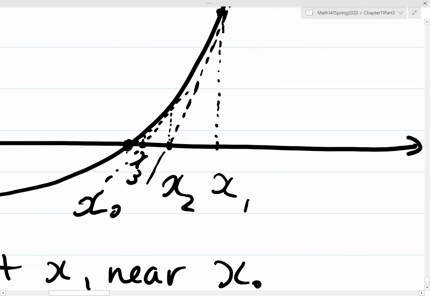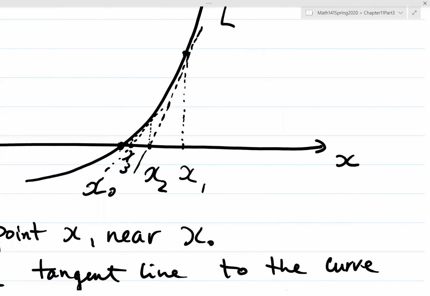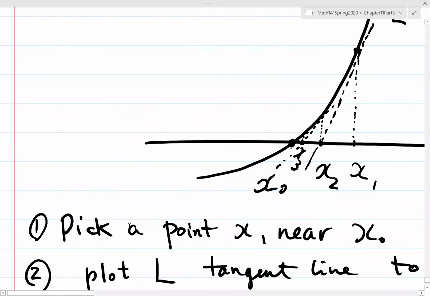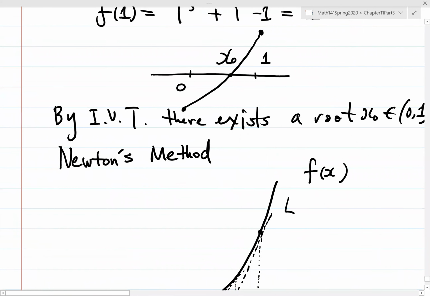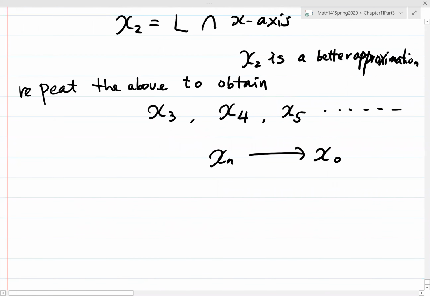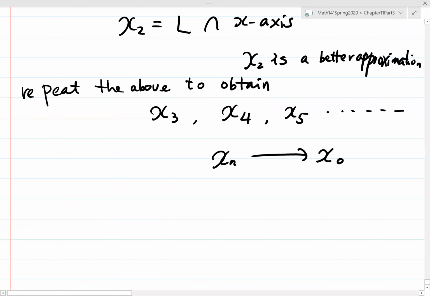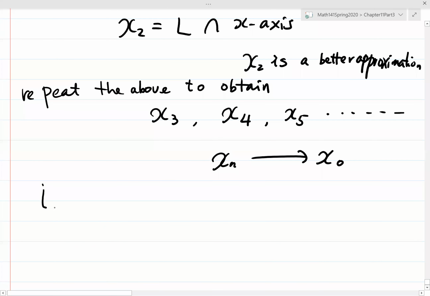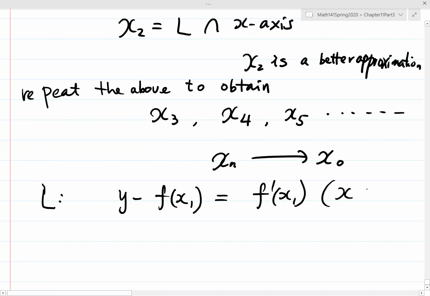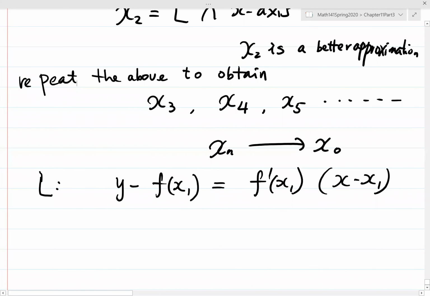Okay, so now the next step, we use this idea to find an explicit formula. You find the tangent line equation L, which is y minus f(x1) equals the derivative, which gives you the slope, multiplied by x minus x1. Remember x2 is the intersection of L with the x-axis.